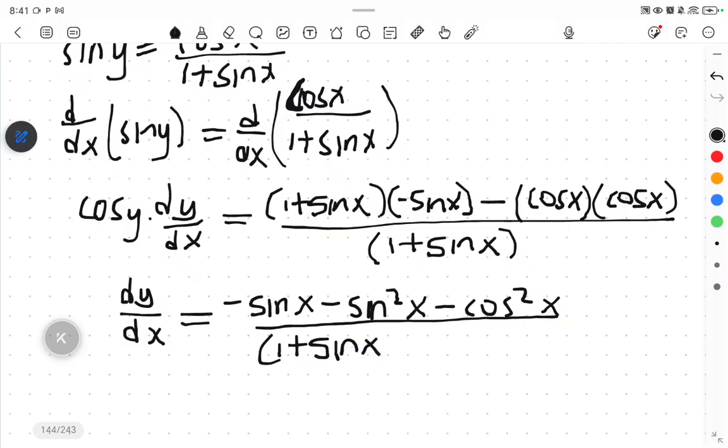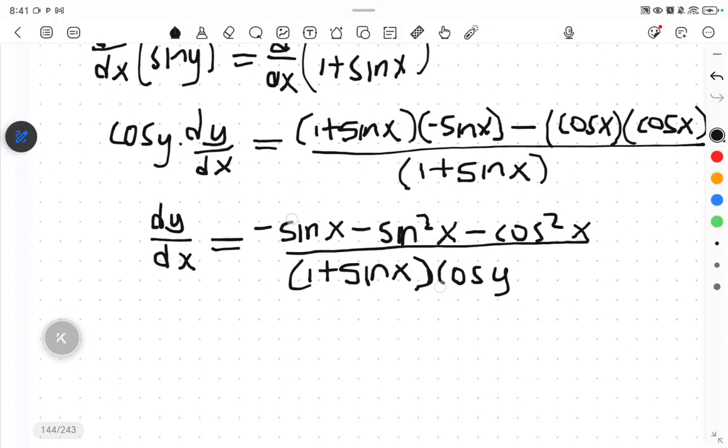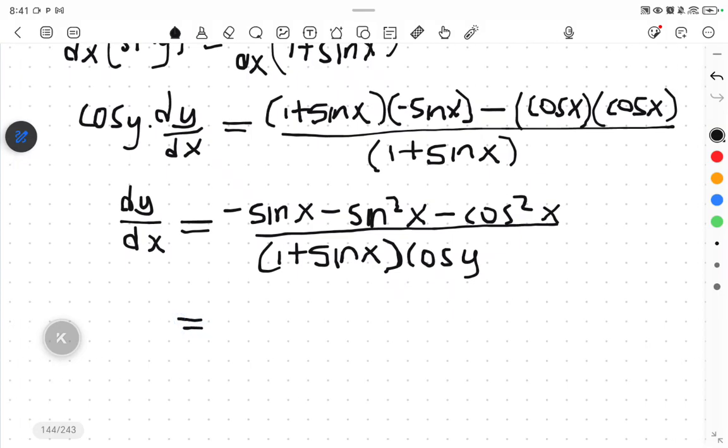Is it sine x or sine y? Let me check. Oh, this side is sine x, the other side is sine y. That's cos y, and then here we have cos of y. Then this will be equal to minus sine x minus. Yeah, I think you forgot the denominator. Oh, I forgot to square.